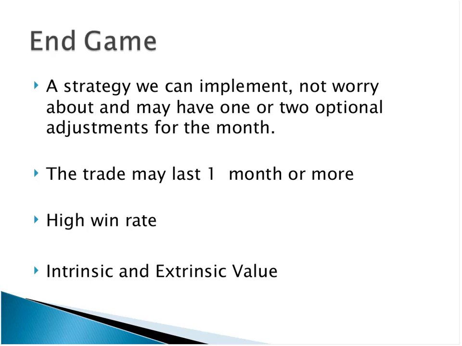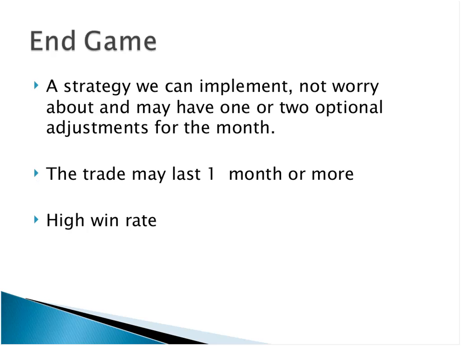The end game here, the thing we're trying to get to, is a strategy that we can implement and not worry too much about. We may have one or two optional adjustments for the month, or we may have none.